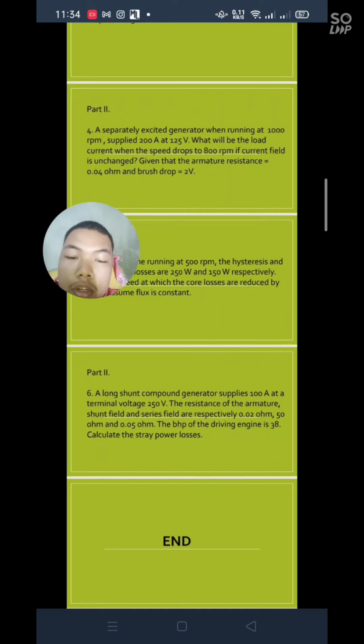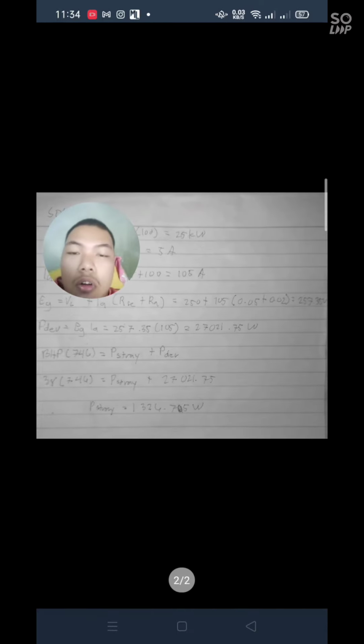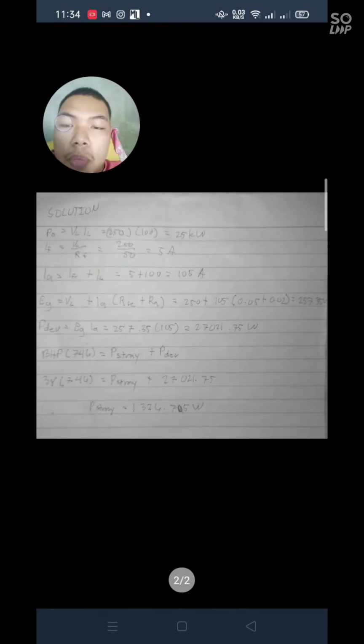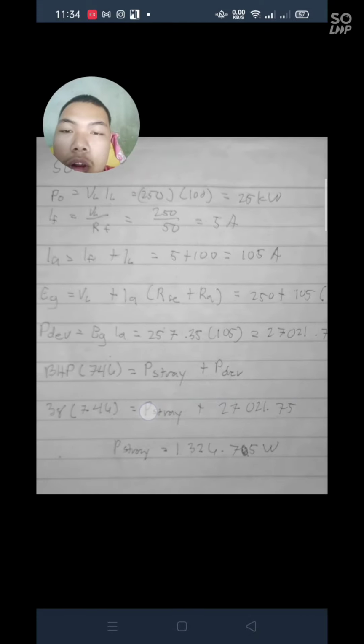The bhp of the driving engine is 38. So calculate the stray power losses. So our formula is PO equals VL times IL. So VL is 250, IL is 100, so equals 25 kilowatts.